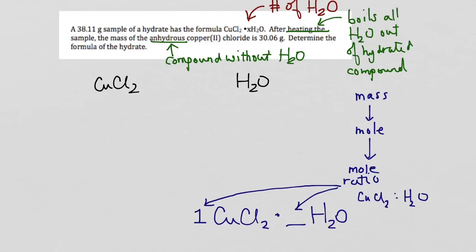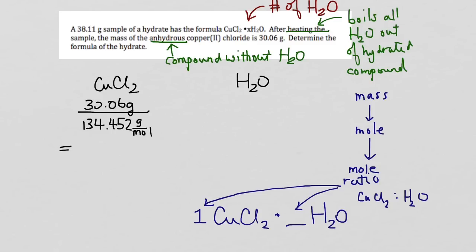CuCl2, we know that they told us the mass after heating is 30.06 grams. To find the moles, we need to divide by the molar mass. So the molar mass of CuCl2 is 134.452 grams per mole.